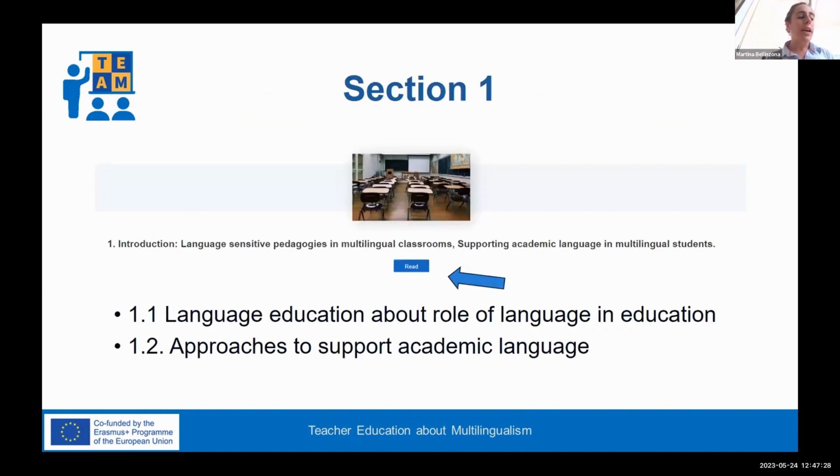The first section aims to be an introduction to the topic, so dealing with the very role of languages within the educational field, and therefore with the function of language education itself. A specific focus is also aimed at approaches to support the development of academic language.